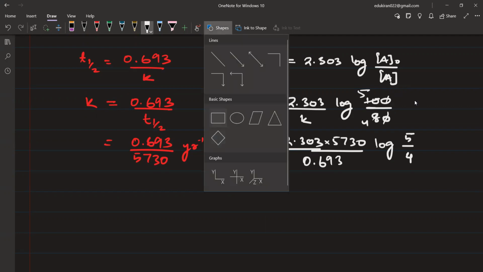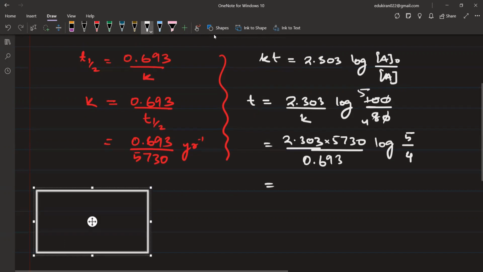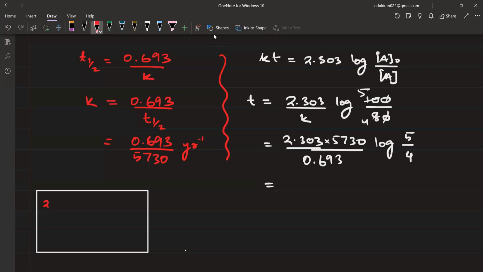One value that I think you should remember, which will be helpful, is 2.303 divided by 0.693. This will be 3.23232323 and so on. If you remember this value, it will be very helpful. Your calculations will become much faster. 3.23.